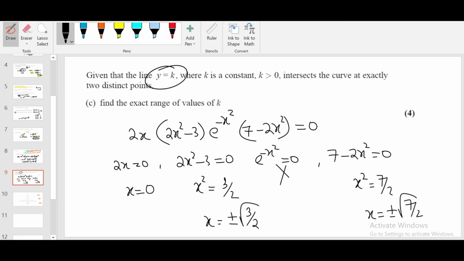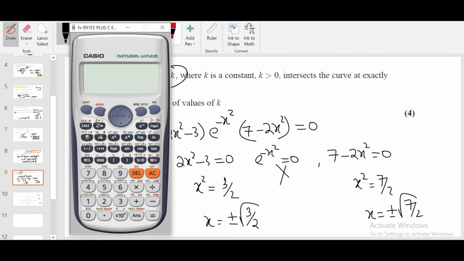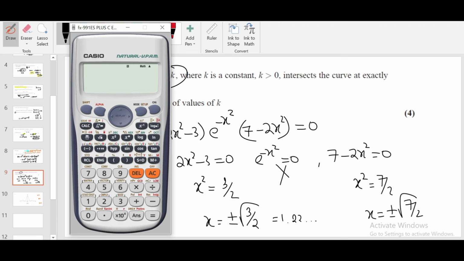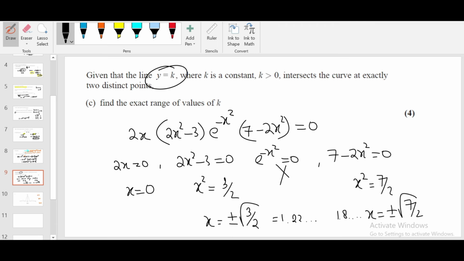I'm going to use my calculator to find the actual values of this, so we'll know which one represents which point. Square root of 3 over 2 is basically 1.2222. Square root of 7 over 2 is 1.8888 something.